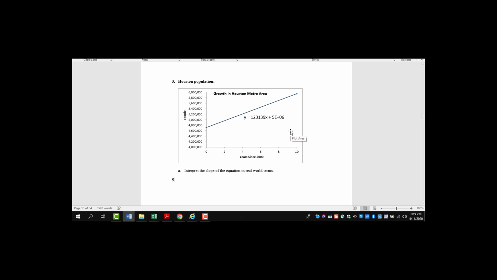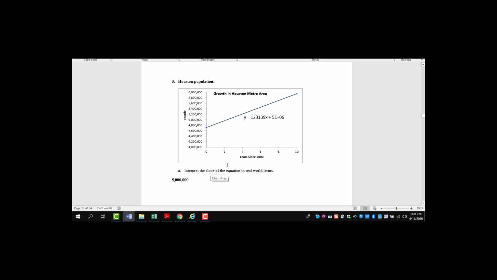So the decimal after the 5 moves 6 places. 1, 2, 3, 4, 5, 6. Back 3, comma, back 3, comma. So that's the initial value of 5 million. And that's the years since 2000. So that is not year 0, that is year 2000. Year 2000, that was about how many people they had.